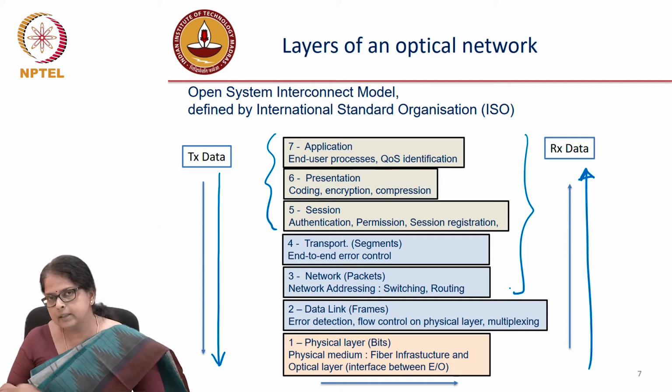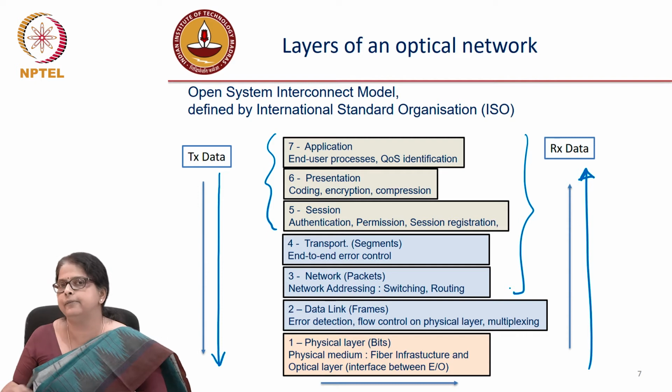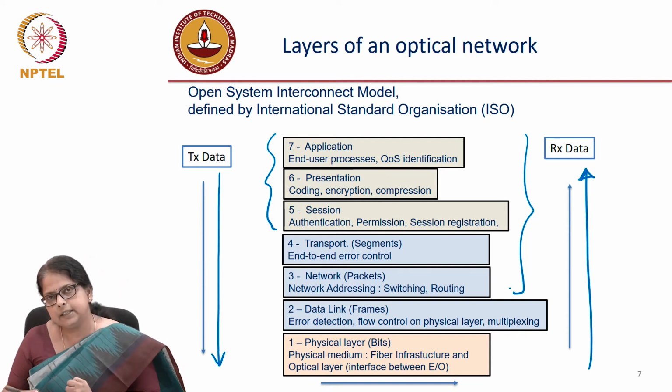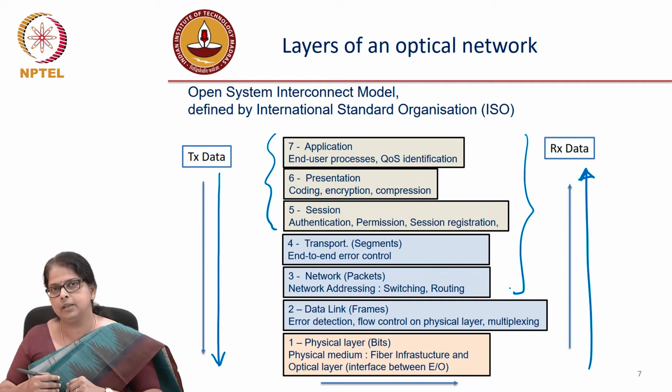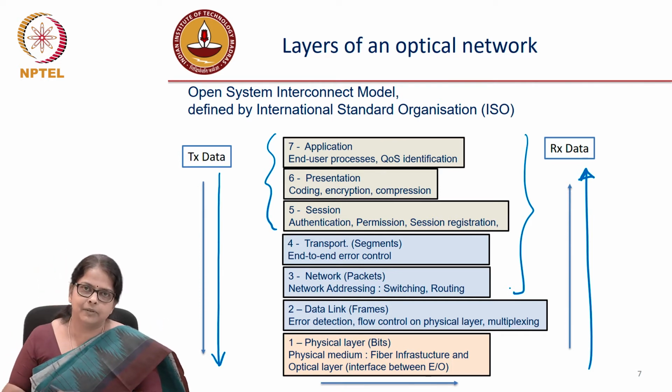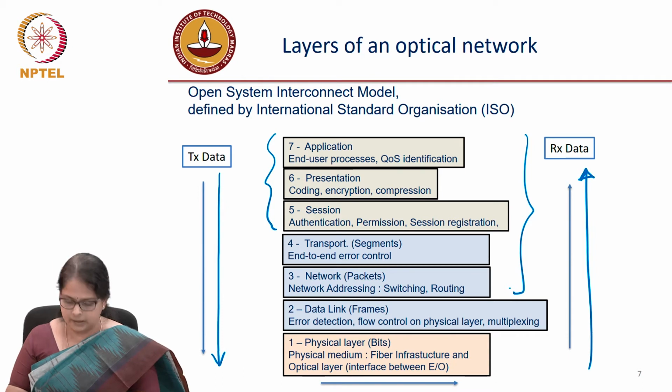The bottom layer is the physical layer, where your information is in the form of bits. The physical medium in a wireless communication system is the atmosphere, whereas in an optical communication system it is of course the optical fiber.